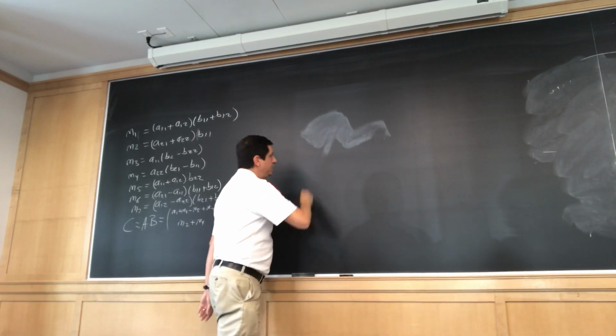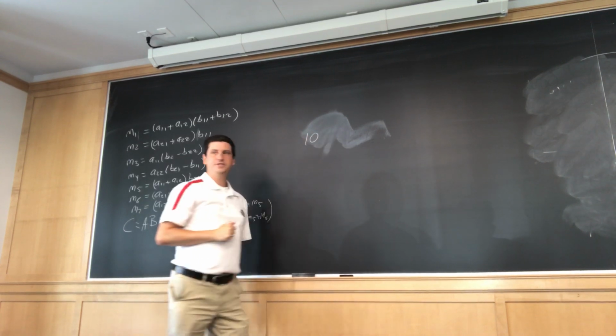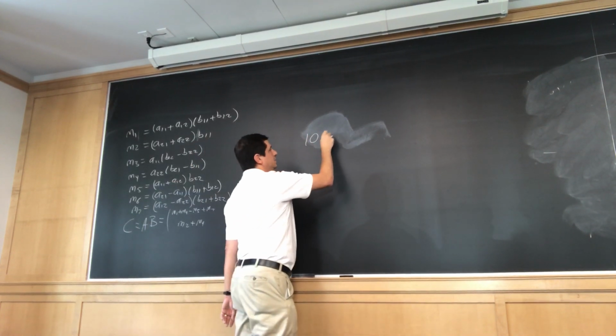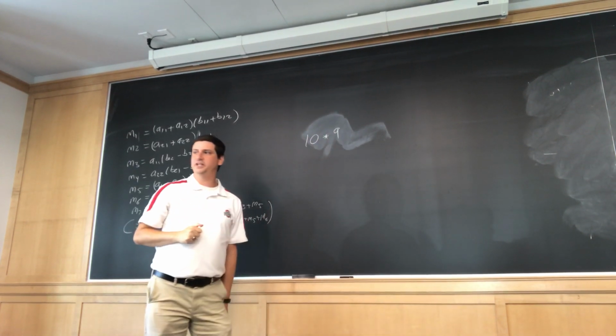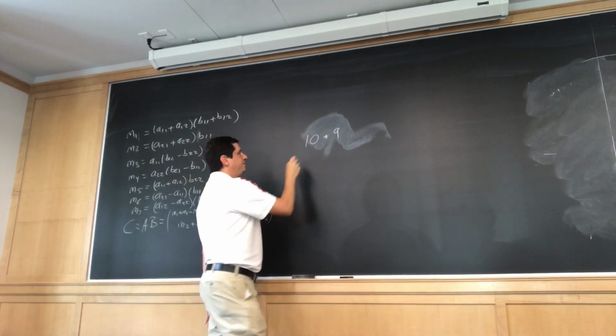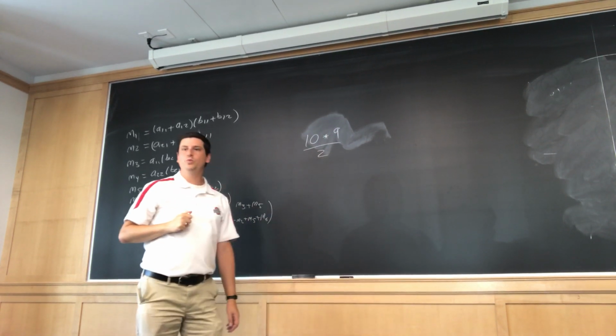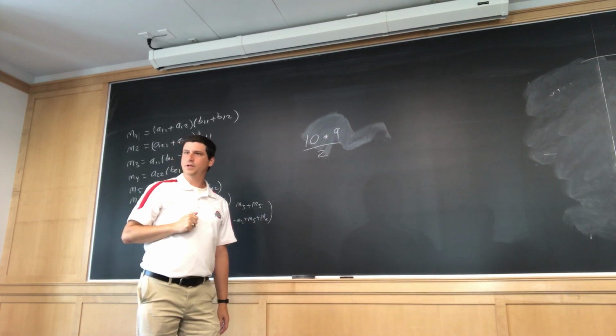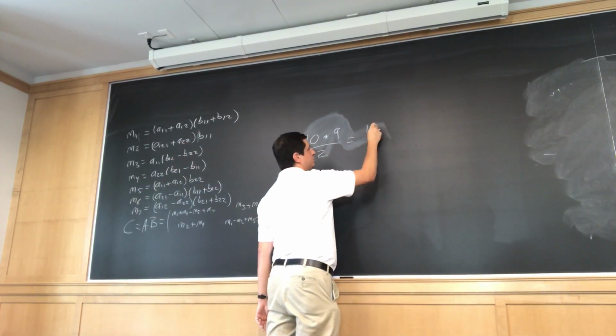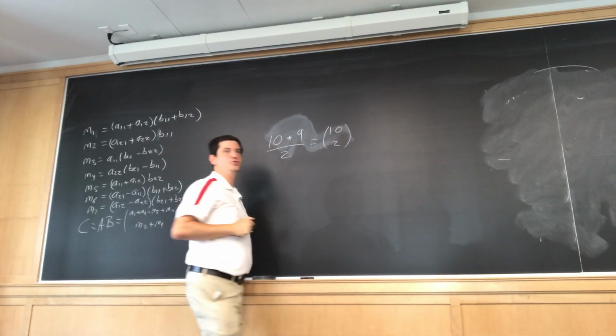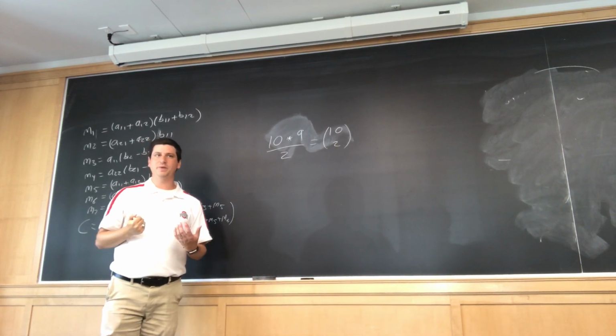So we have 10 choices for the first number, times 9 choices for the second that are different. And then we have to divide by 2 because we don't care about order. Another way of looking at this is just 10 choose 2, the number of ways to choose 2 numbers from 10 when order doesn't matter.